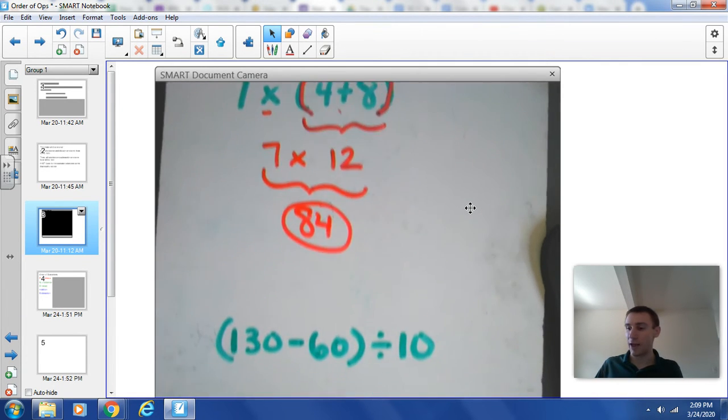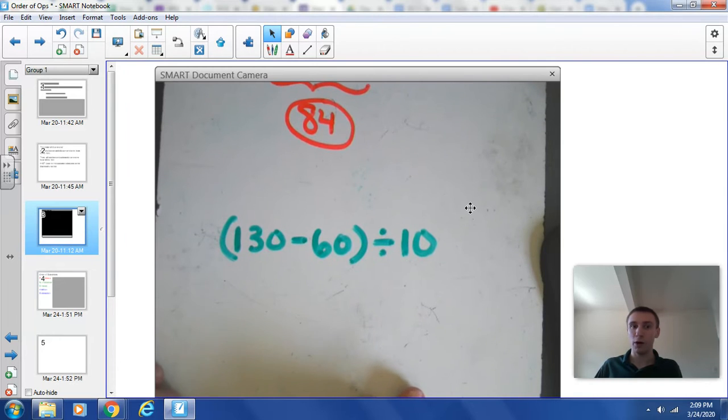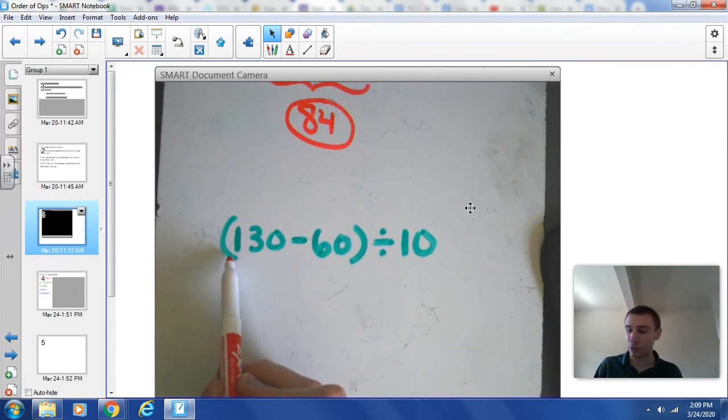In my next example, I have 130 minus 60 divided by 10. From what we know from the last couple of days, division should always come before addition or subtraction. However, again, I have this grouping symbol. I have my parentheses.